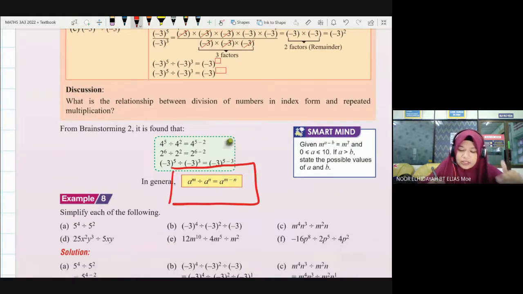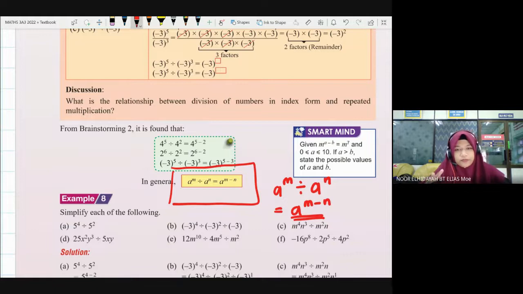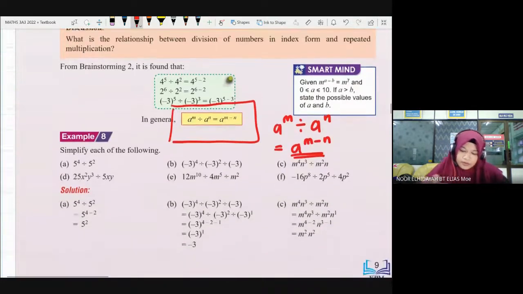Tadi kita dah tengok yang multiply. Now a to the power of m divide by a to the power of n. A is the base. m and n is the index. So what we have to do is you have to subtract the index. Ini law yang kedua. Law of indices yang kedua. Okay, baik.